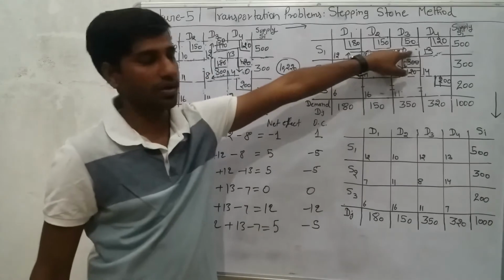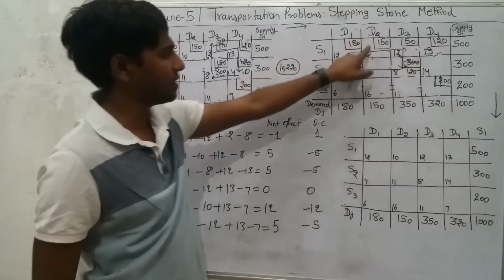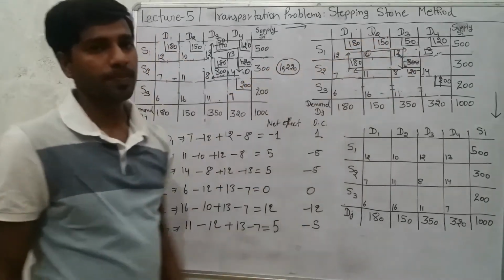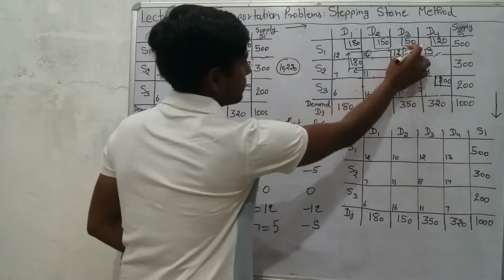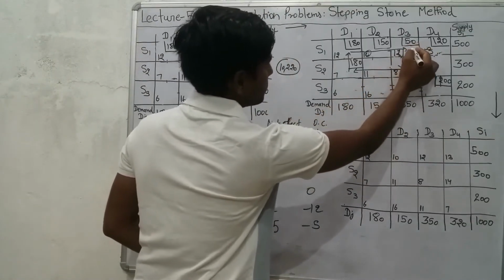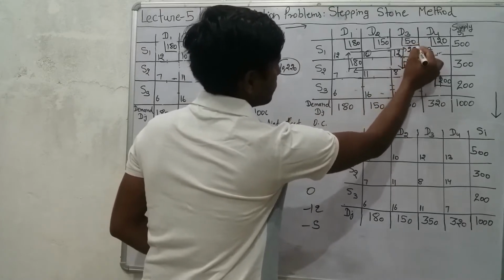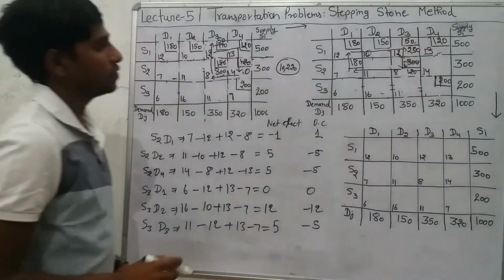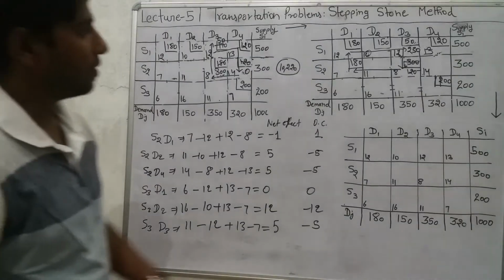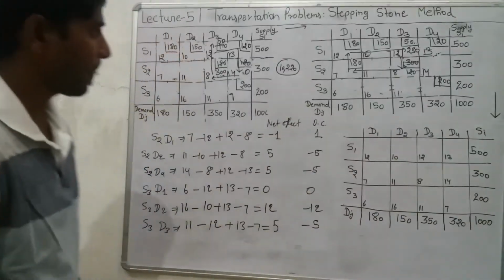To this corner, because we are not going to consider this one since it is not part of the closed loop. So how many units would be there? 180 plus 50, 230. Instead of 50 there would be 230 units. Now all the rim requirements are satisfied.